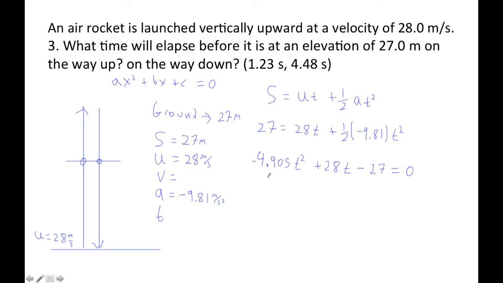Okay? So therefore, my value of a for the quadratic equation is this. My value for b is this. My value for c is, well, it's all of this, so really it's plus a negative 27, so you got to be careful there.